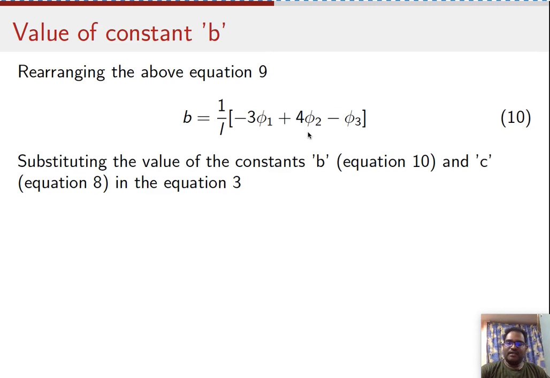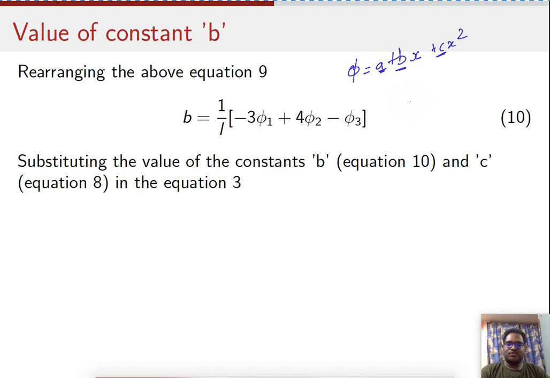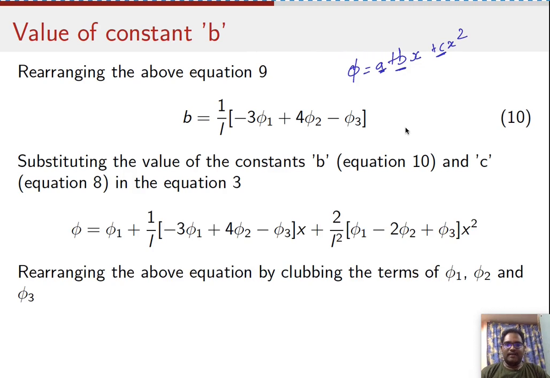So what we have done till this particular step, the required phi is equal to A plus Bx plus Cx square. All the values of the constants A, B and C have been found out. They have to be substituted back in the characteristic equation. So this is what has been done. The value of A is phi 1.